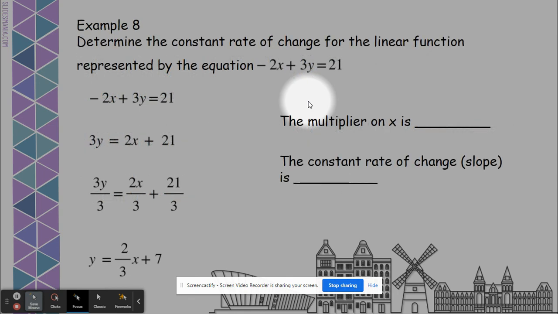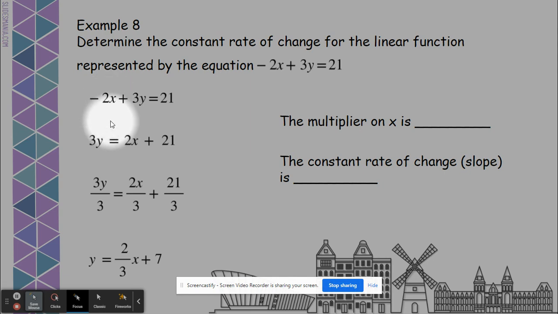What if I have something in this weird format? Well, then I need to put it in a y equals mx plus b format. That means I need to isolate y. Now, to solve this equation for y, I would add 2x to both sides.